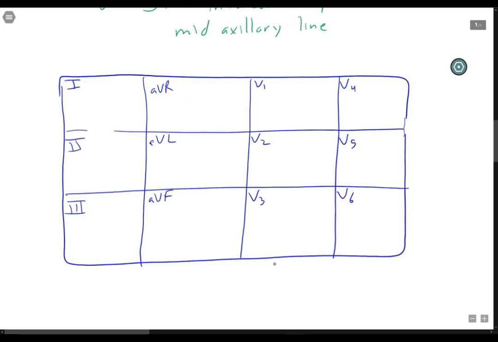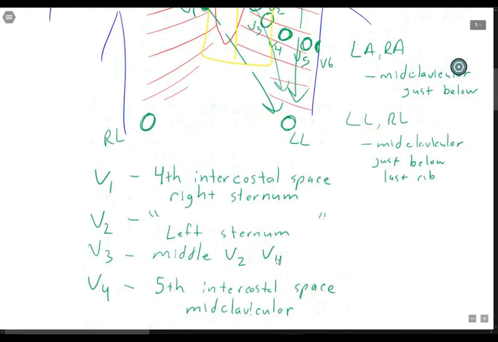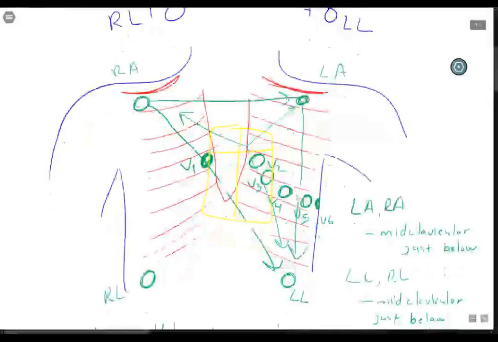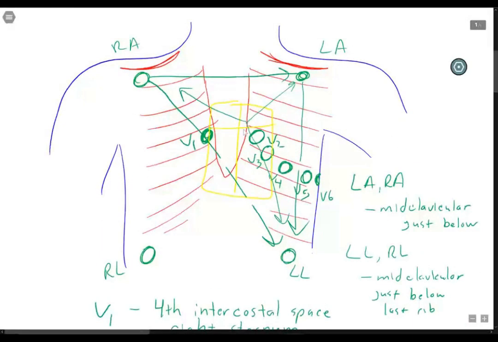Now, again, you can go back up to this picture, and what we can do when we look at all 12 of these leads and how they're positioned around the heart, we can group them together based on what you're looking at. So, if we look at lead 1, it goes from the right arm to the left arm, V5 and V6, and even AVL, what's pointing up here toward the left arm, these are all positioned way over here on the side.